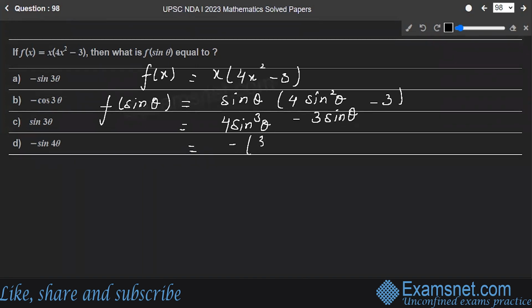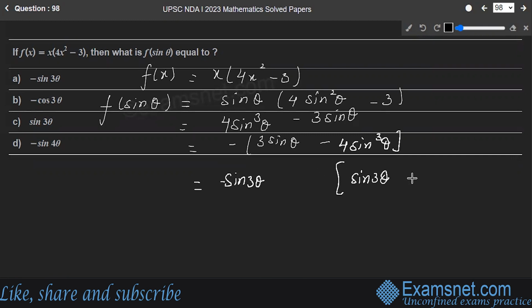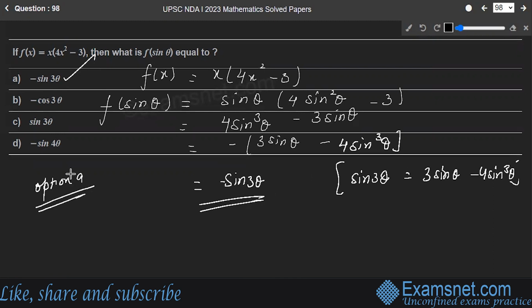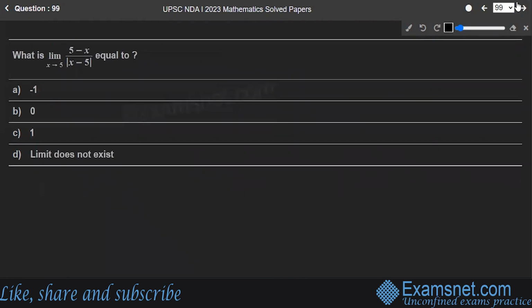This is minus 3 sine theta minus 4 sine cube theta. You know this is equal to minus sine 3 theta, because sine 3 theta is equal to 3 sine theta minus 4 sine cube theta. So this is equal to minus sine 3 theta. Option A. Pretty easy question, right?